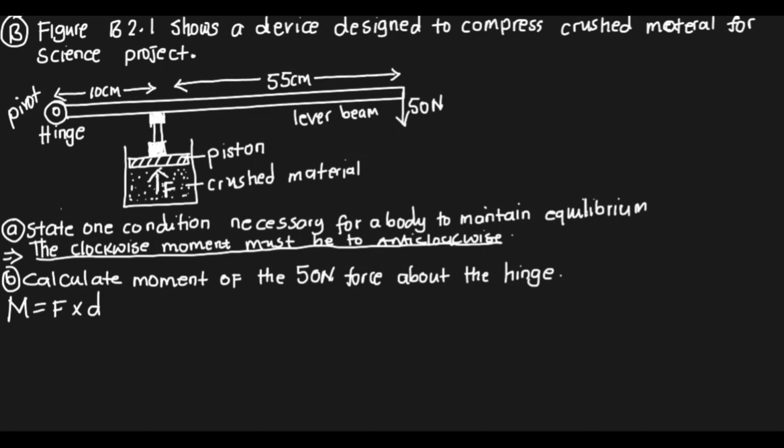So the point here is the distance. The distance is taken from the point of action, from the point where the force is applied to the pivot. So since the pivot is here, the distance that we are going to use is this one. So we are going to add 10 centimeters and 55 centimeters. Now, whenever you are finding the moment, the distance should be in meters.